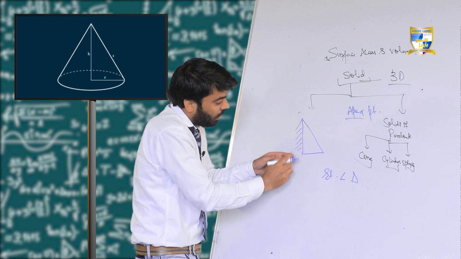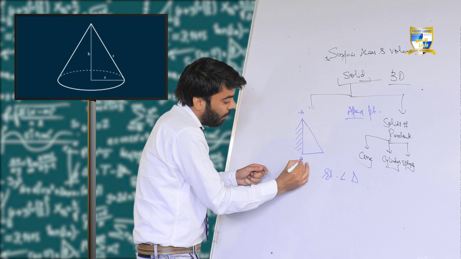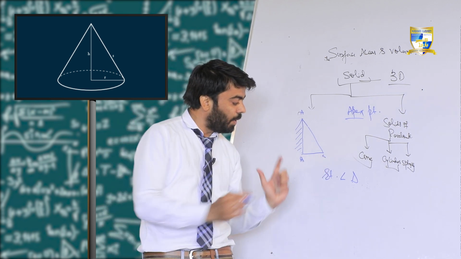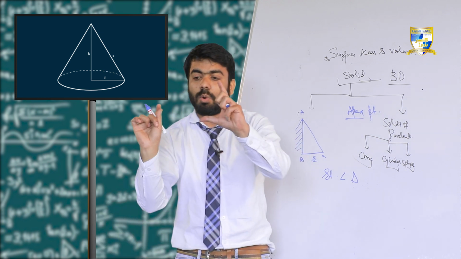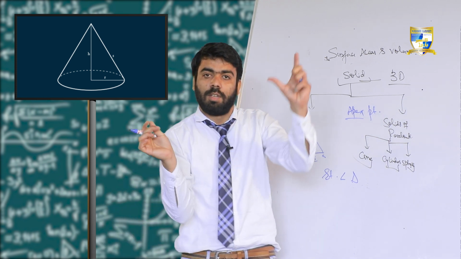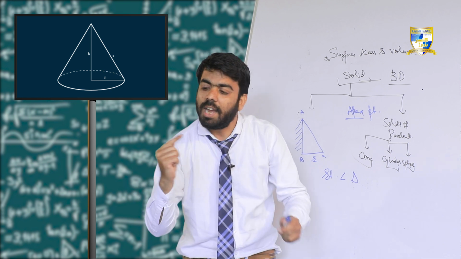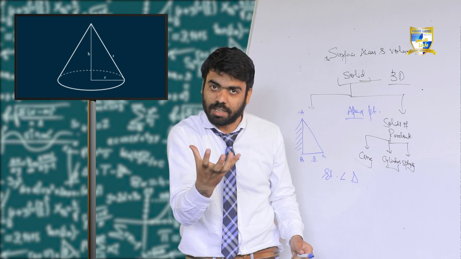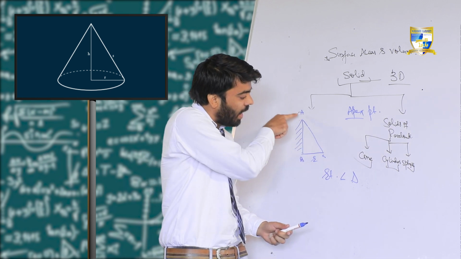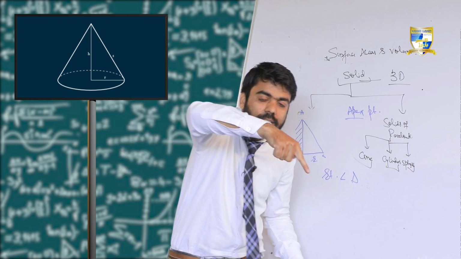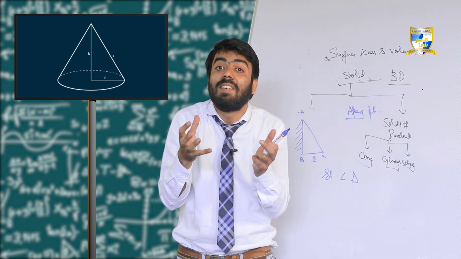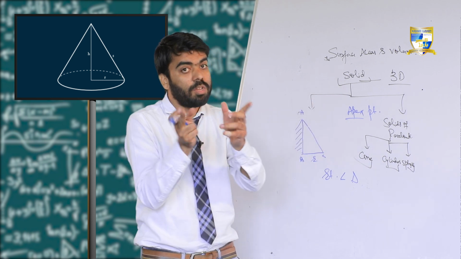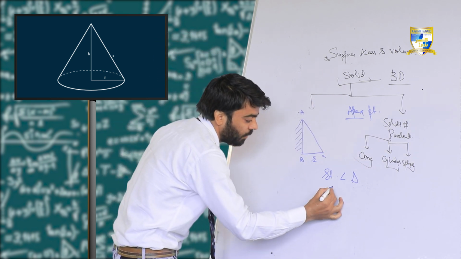I will name the vertices A, B and C. I will fix AB, then rotate BC, let it be R. When it gets rotated, it will definitely traverse the base, and the base will be a circle. The slant height will traverse like this and trace the curved surface area of the cone. I will make a 3D object on a board, and the board is a 2D object. I will make it like this.